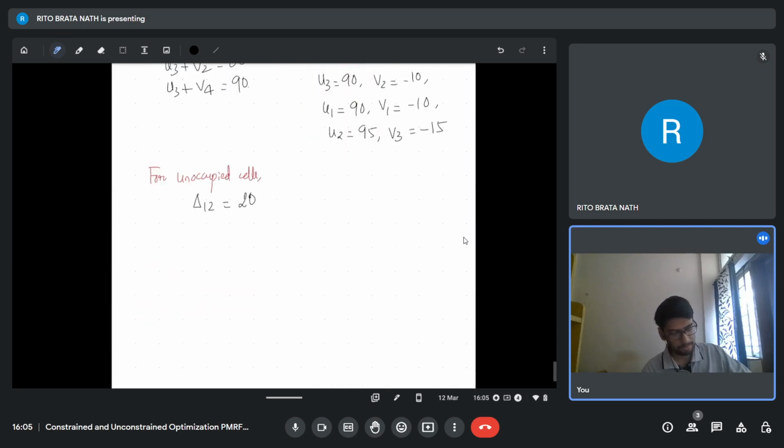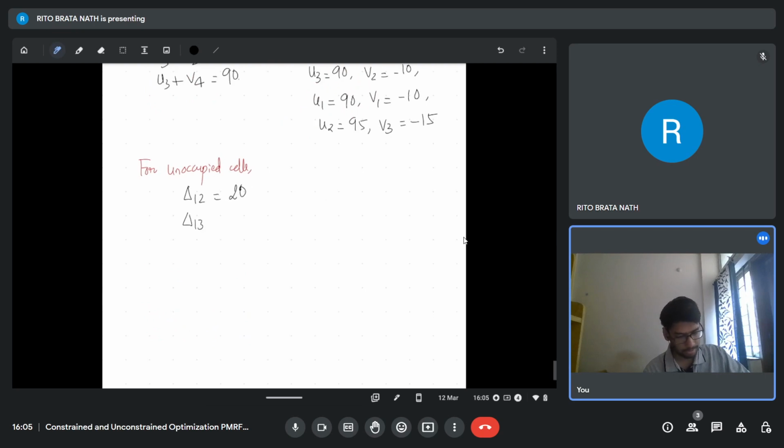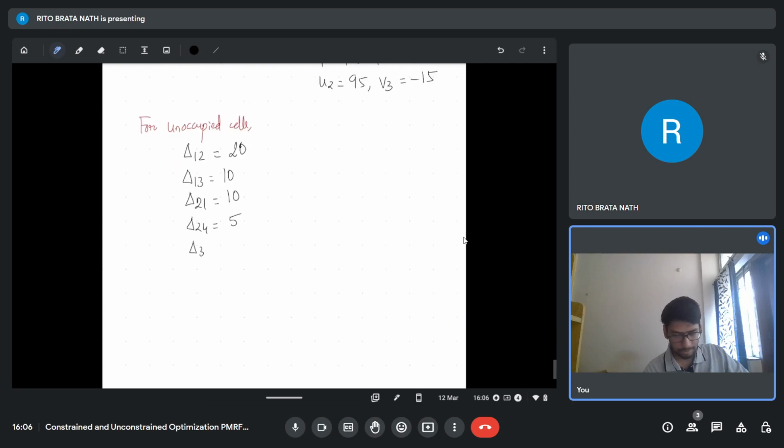Similarly, if you calculate all these deltas, delta 1,3 will be 10, delta 2,1 will be 10, delta 2,4 will be 5, delta 3,1 will be 10, delta 3,3 is 20. And all of these are greater than or equal to 0, so this is the optimal allocation.